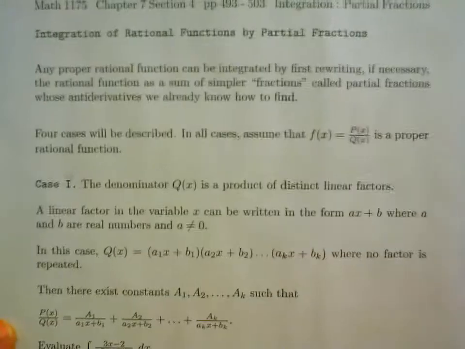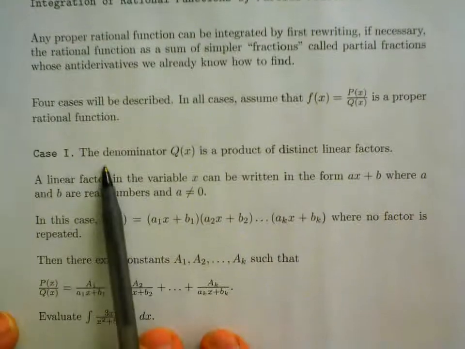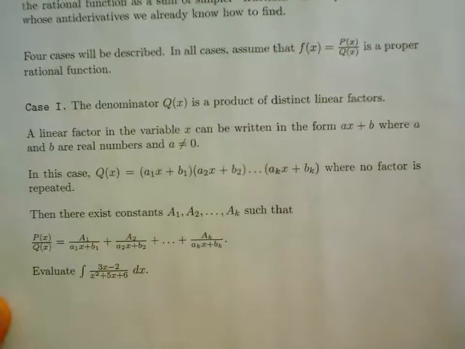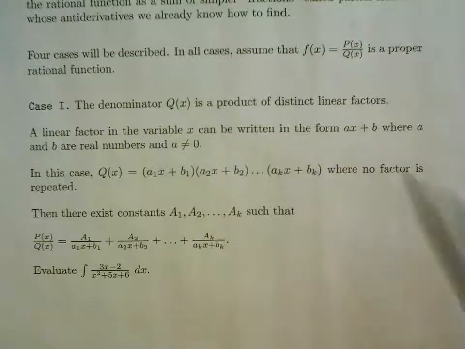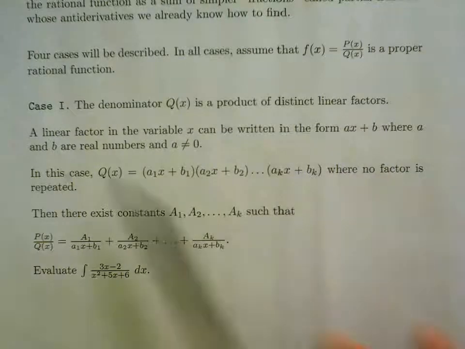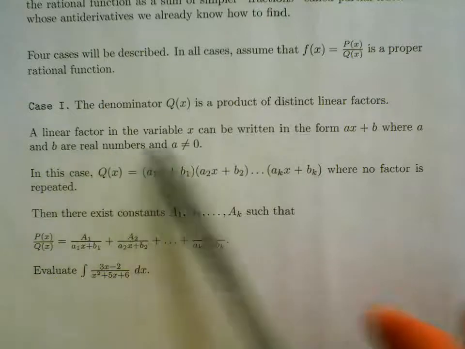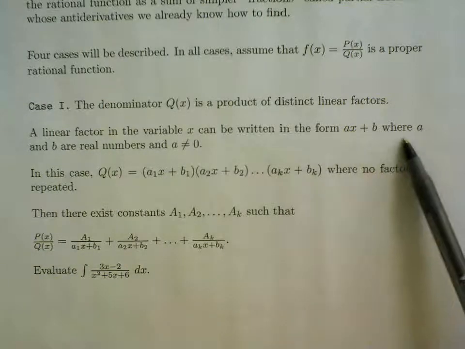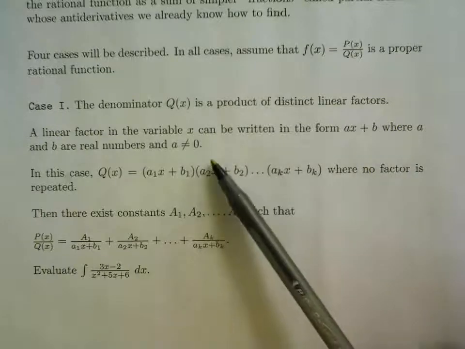In case 1, the denominator q of x is a product of distinct linear factors. A linear factor in the variable x can be written in the form ax plus b, where a and b are real numbers and a is not equal to 0.